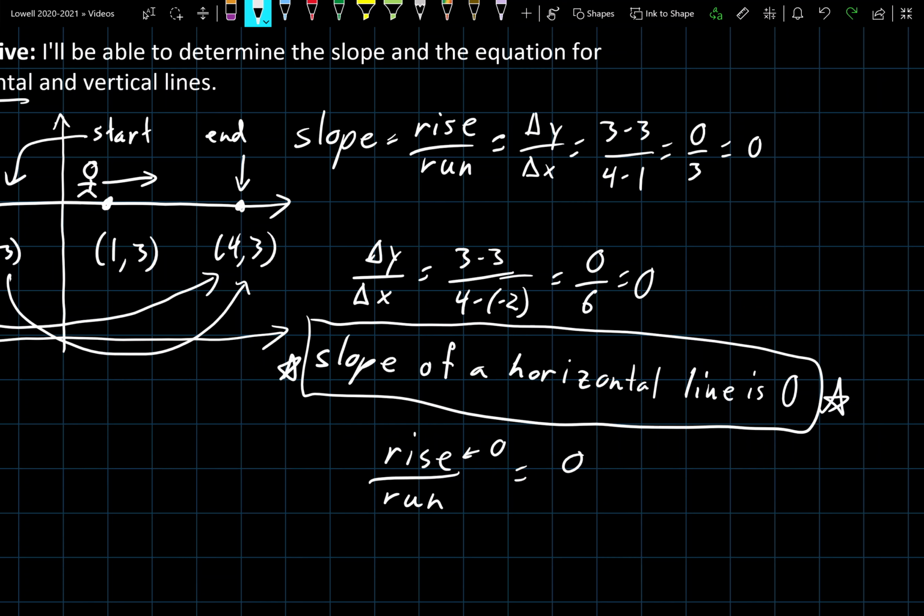And so it's going to be 0 over whatever your run is. It doesn't matter what your run is. You could keep going to the right 7 units. You could go 7,000 units. If the line is horizontal, you're not going up at all. So no matter what your run, 0 divided by that number is still going to be 0.